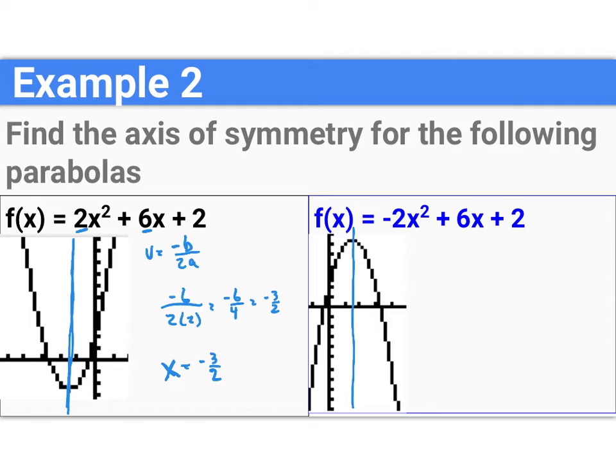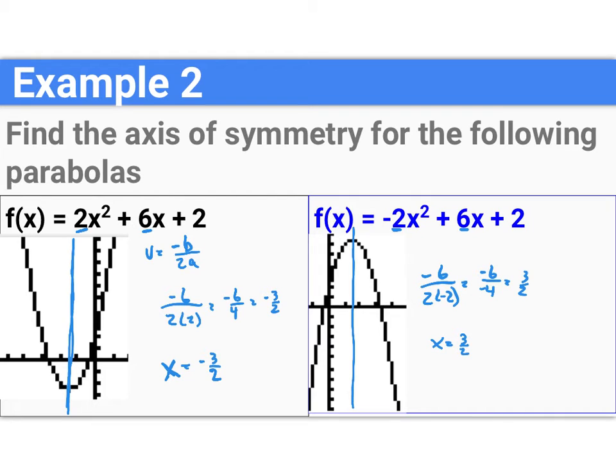Okay, same thing here. Your a, your b. Negative b over 2a. Negative 6 over 2 times negative 2 gives us negative 6 over negative 4, which is positive 3/2. So x equals positive 3/2 for that one.